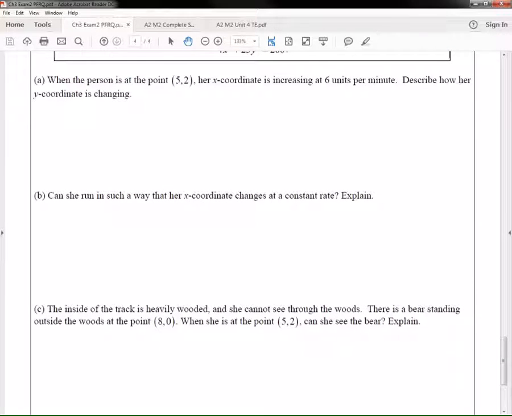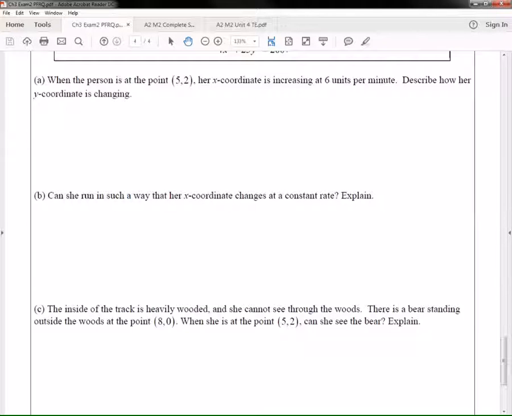when the person is at the point (5, 2), her x-coordinate is increasing at 6 units per minute. Do you guys see that? Minutes? That's a time thing, right? Time. Okay. Describe how her y-coordinate is changing. So we're talking about time here, so that would be like a related rates question. We're going to take the derivative of this with respect to time. Now let me oversimplify this.